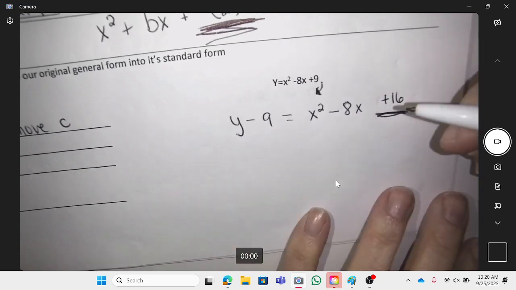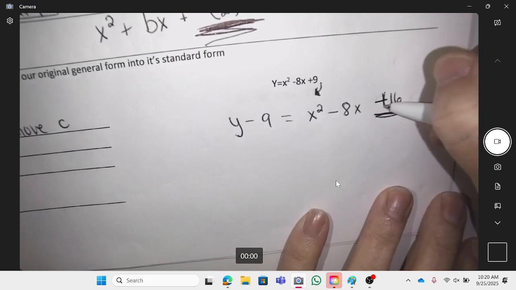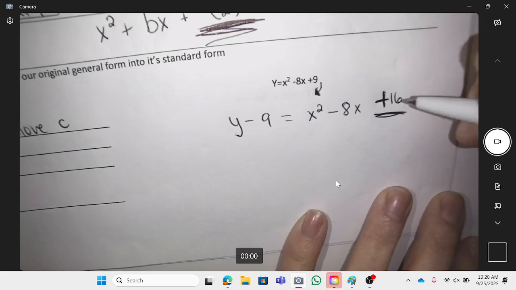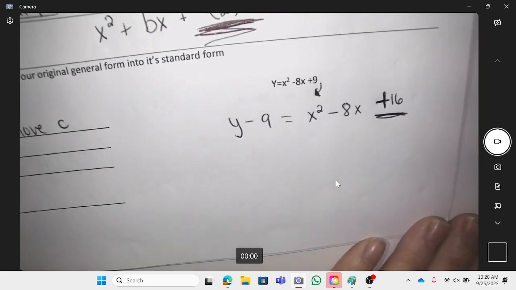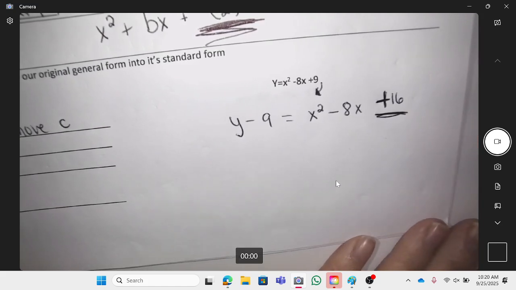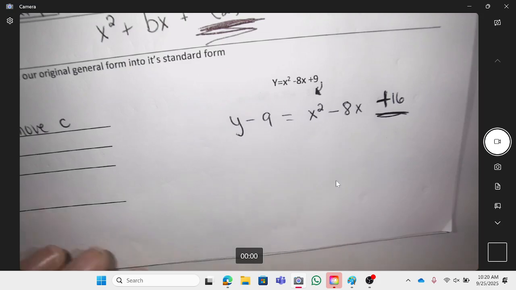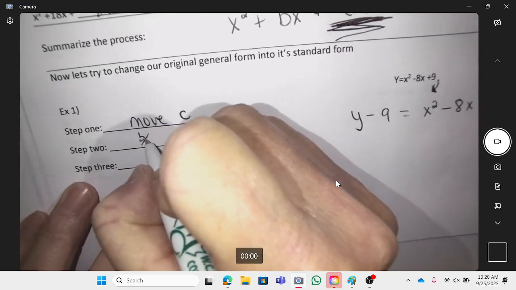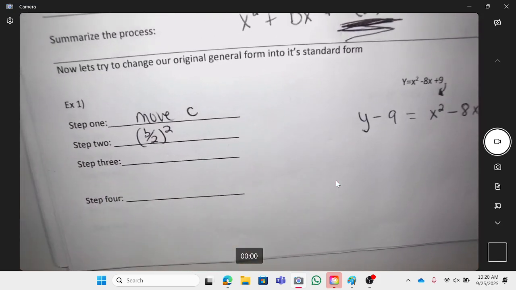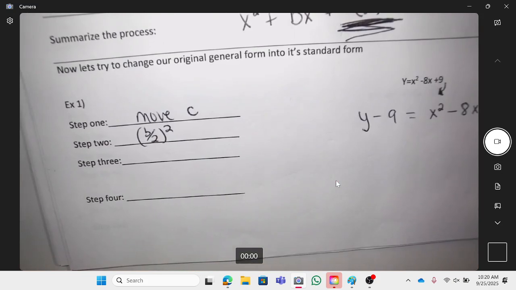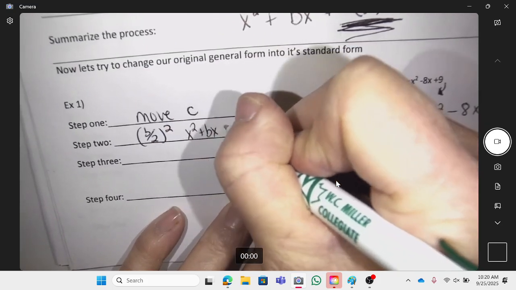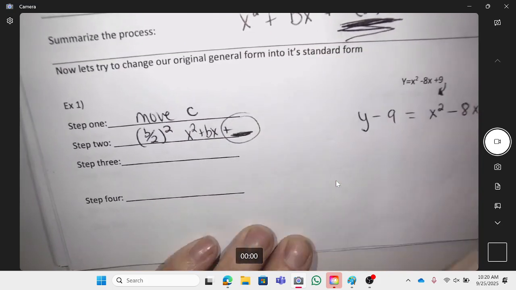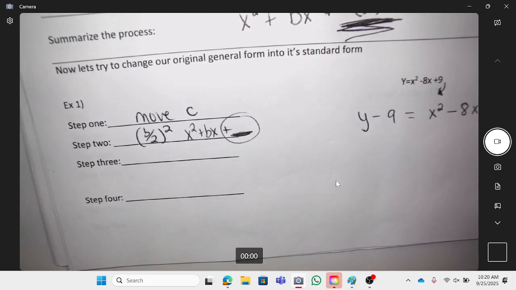Do you know that this thing right here will always be positive, no matter what? Negative squared, positive, positive squared. So that was step 2. That's what we did, right? Create your own thing.